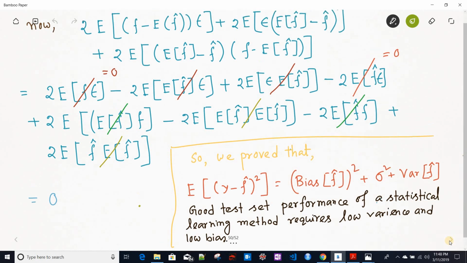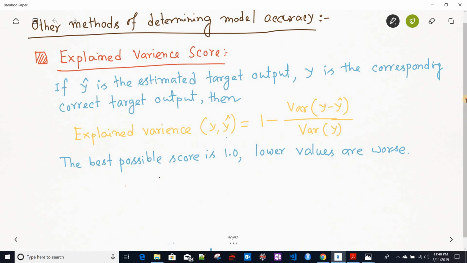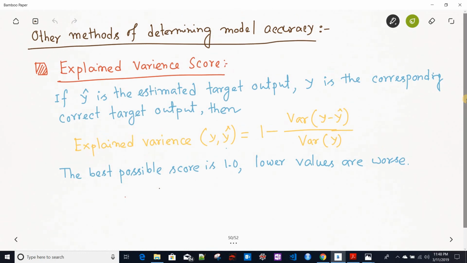Okay, now let's move on. Let's talk about other measurements which are also important for determining the model accuracy. Another kind of measurement we can use is the explained variance score. It is defined something like this: for each and every actual value minus predicted value, we take the variance of it, divide by the variance of the actual value, and take 1 minus that.